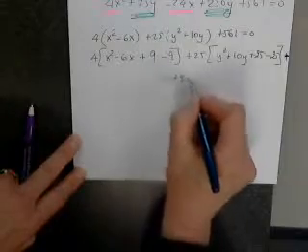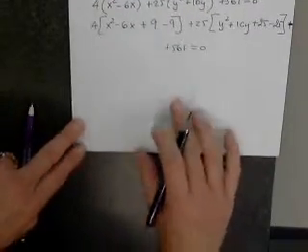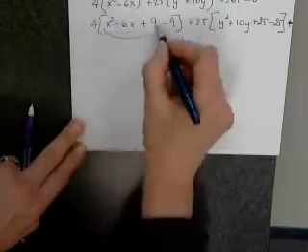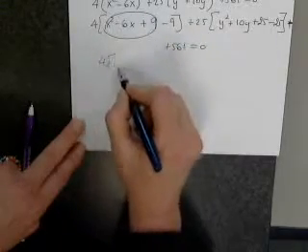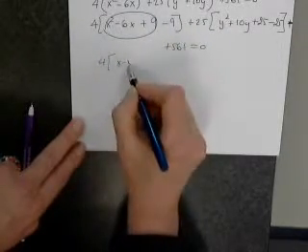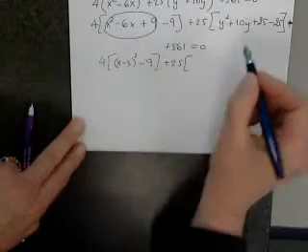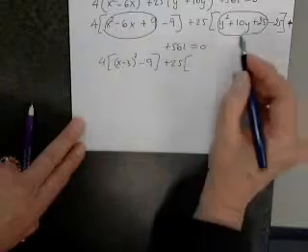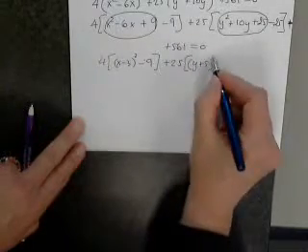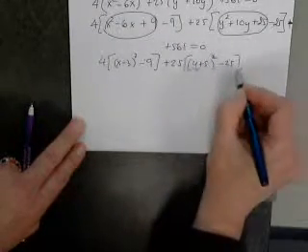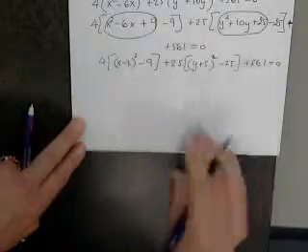Plus 561. Perfect. Now I have to rearrange. I have to write what this is, minus 9 plus 25. I have to write what this equals. Very good. And then minus 25, and then plus 561 equals 0.